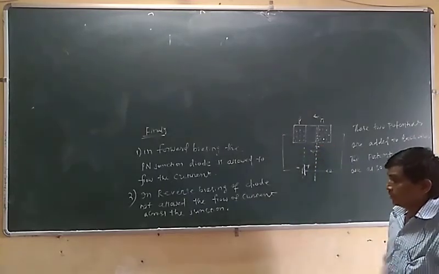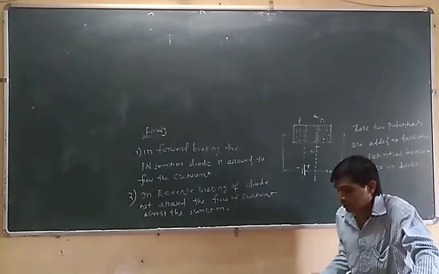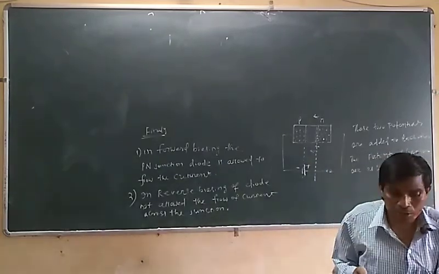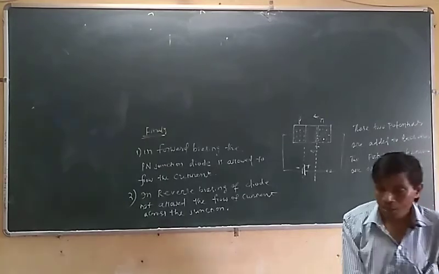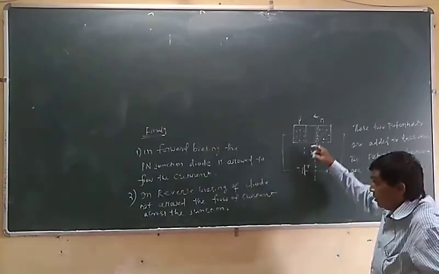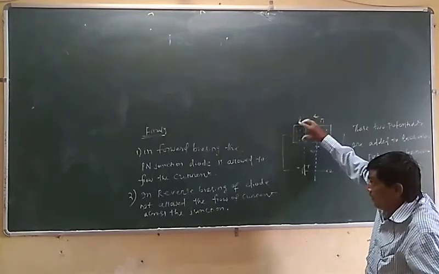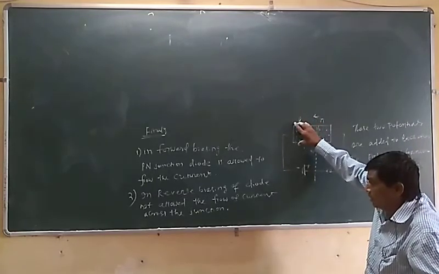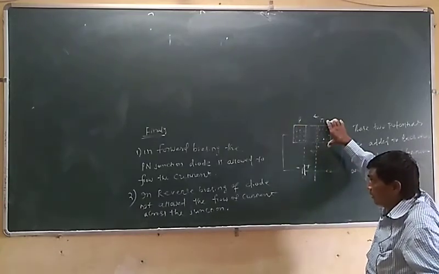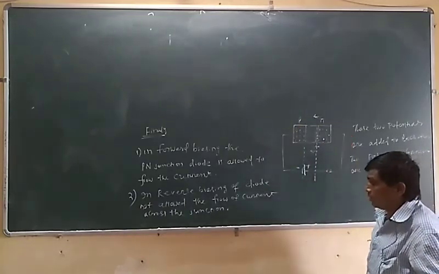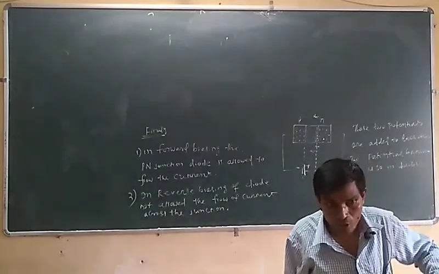By this action, the current is the leakage current. This leakage current is a very small amount, because the minority charge carriers, electrons in the p-type semiconductor and holes in the n-type semiconductor, are very few due to the process of doping.